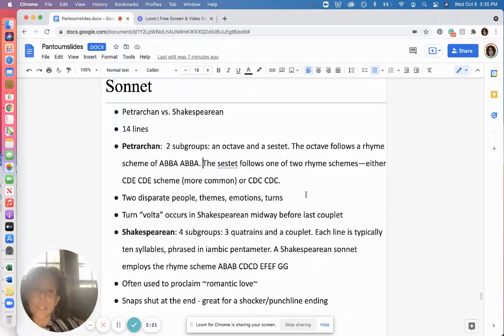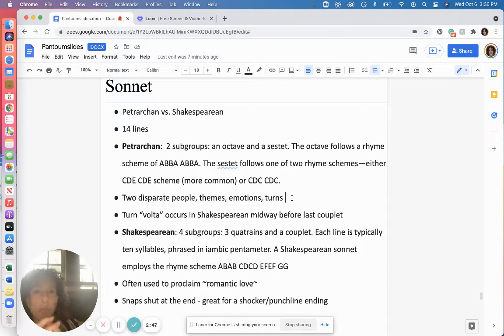They are usually written in iambs. As you'll see, of course, our authors this week do take liberties. The really cool thing about a sonnet that I want you to pay attention to, and that you'll see in a lot of this week's readings, is that they usually link or draw attention to two disparate people, themes, stories, emotions, and turns.